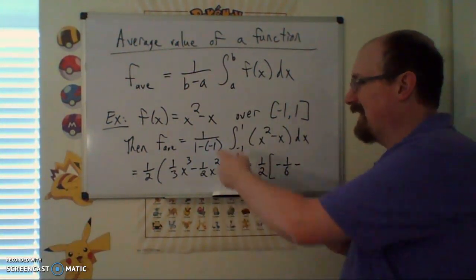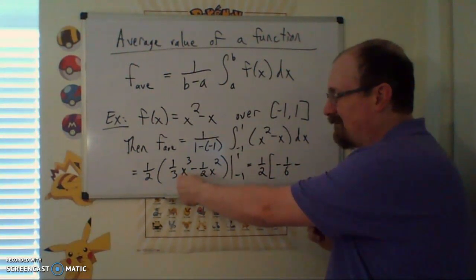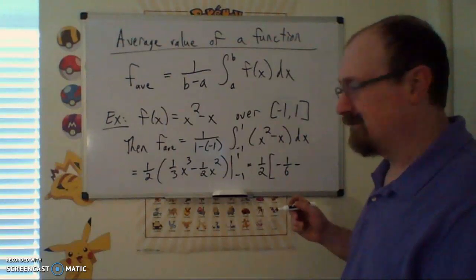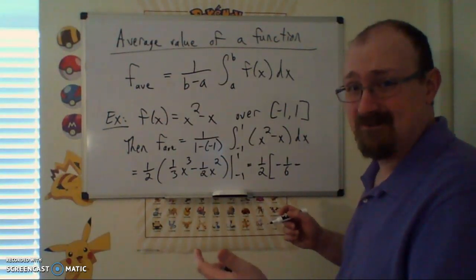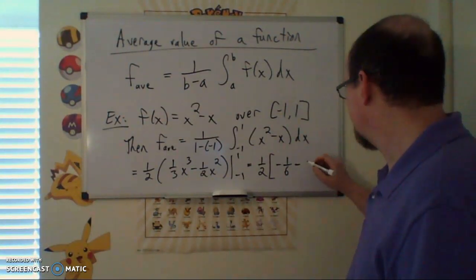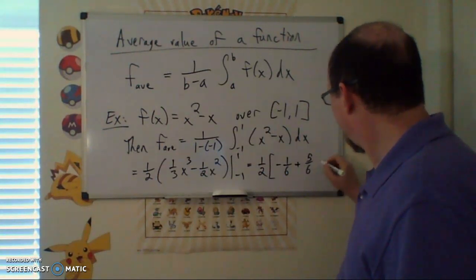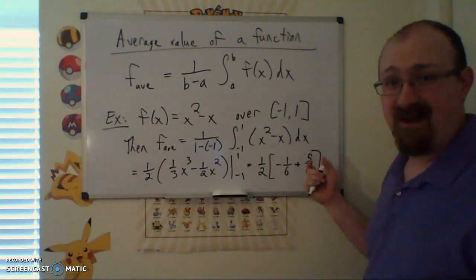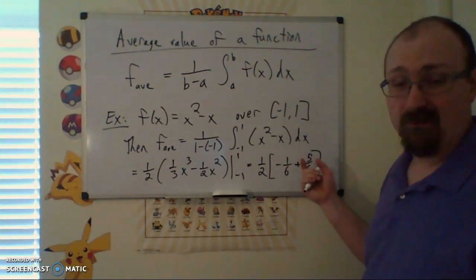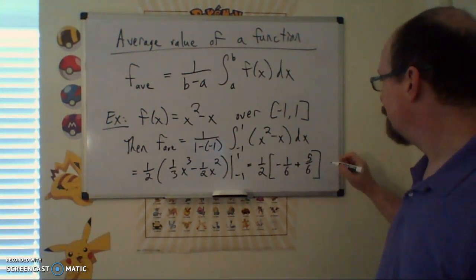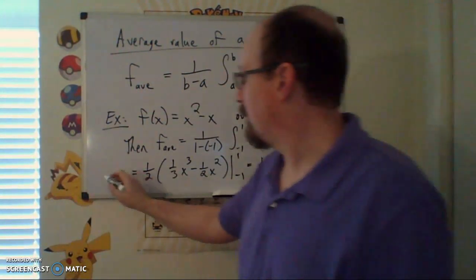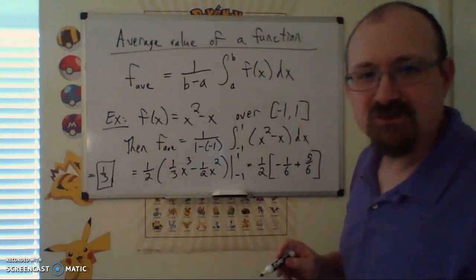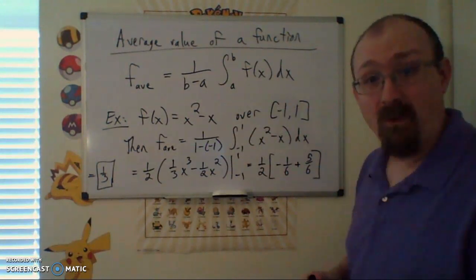Minus, if I plug in -1, well, this is -1/3 minus 1/2, so now you have -2/6 minus 3/6, so we get -1/6 plus 5/6, that's 4/6 or 2/3, and 1/2 of 2/3. I'm out of room. I'll write it over here because I have the marker. Okay, so our average value in this case works out to be 1/3.